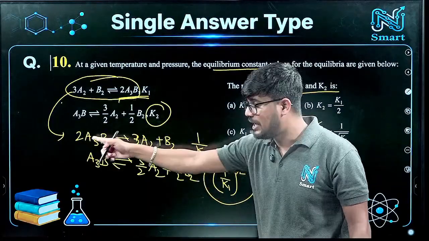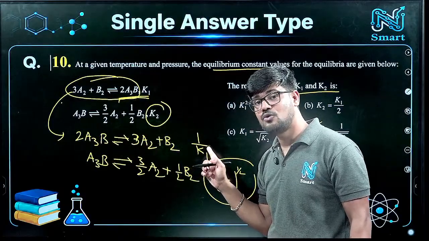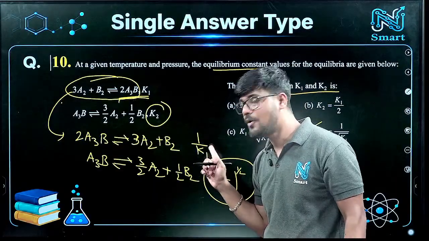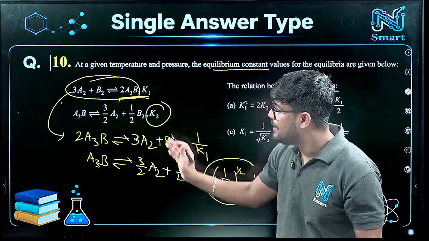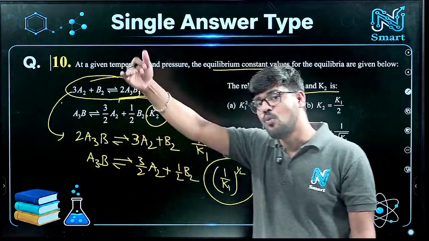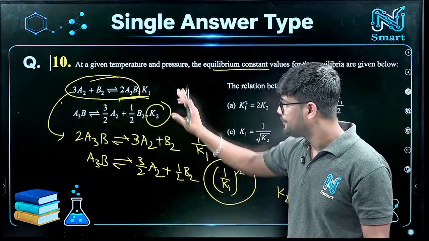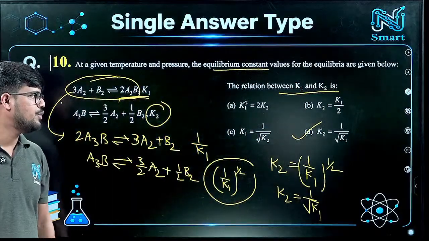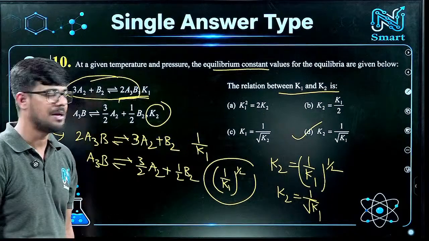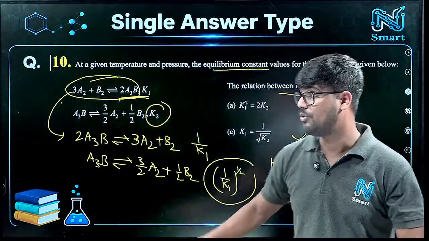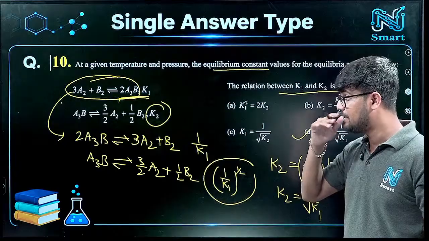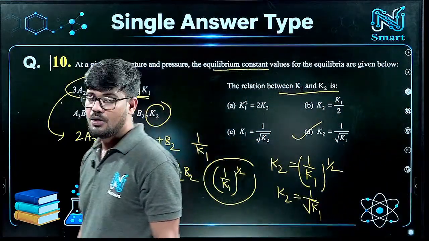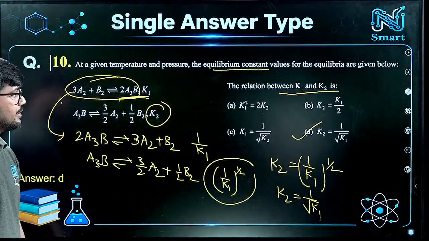Means if you multiply, then you have to give power. That fraction will be in the power of this equilibrium constant. If you are reversing the equation, then 1 by equilibrium constant will be there, right? So these are the basic rules in equilibrium. So this question is coming from chemical equilibrium. Very, very important question. They can give a lot of questions based on just this idea. Okay. So here the answer is D.